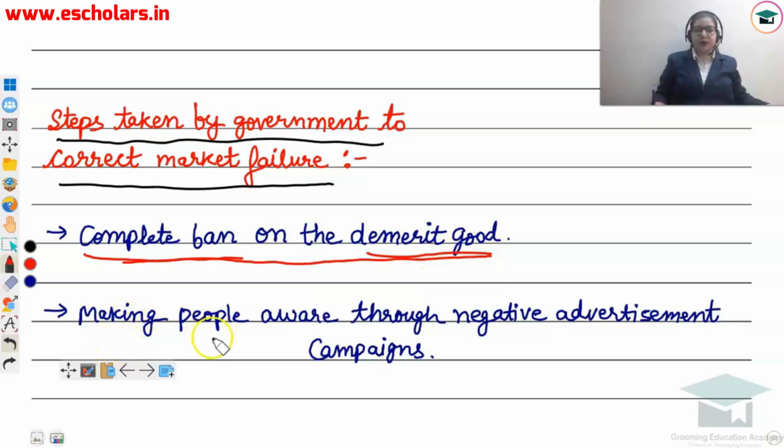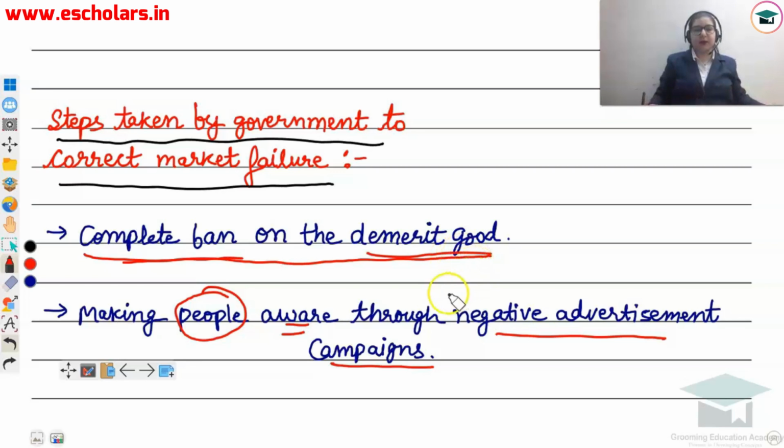And also the government is trying to make people aware through negative advertisement campaigns, right? Government is spending a lot of money on advertisements which show that smoking is injurious to health, consuming alcohol is injurious to health, right?